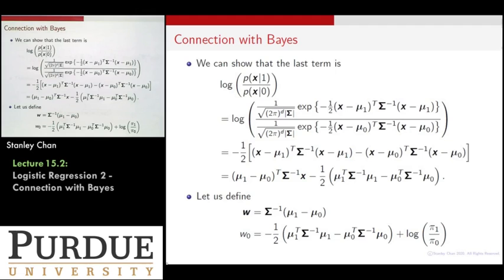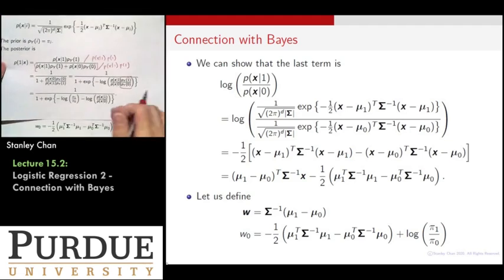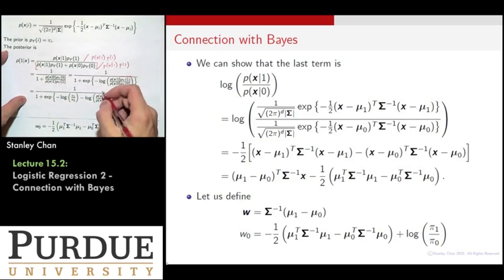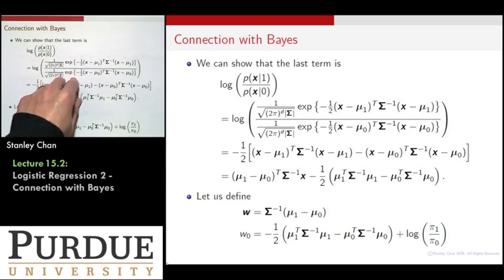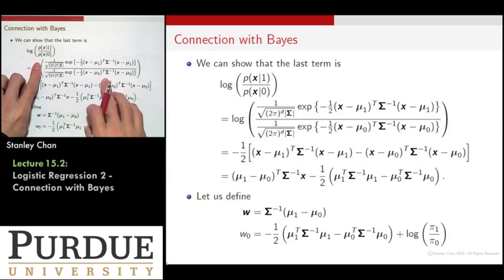The magic that I'm going to do is to look at this gigantic term. I'm going to just focus on this log of the ratio. This log of the ratio is what? This is the log of the likelihood terms, and since I know that the likelihood is Gaussian, I can just put a Gaussian likelihood into the numerator and also the denominator. Then you see something interesting.